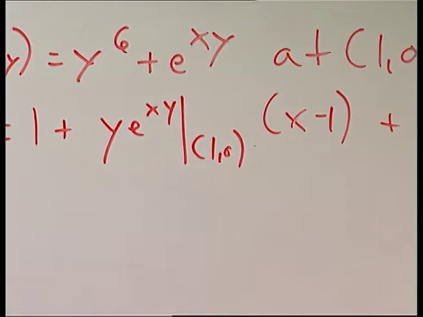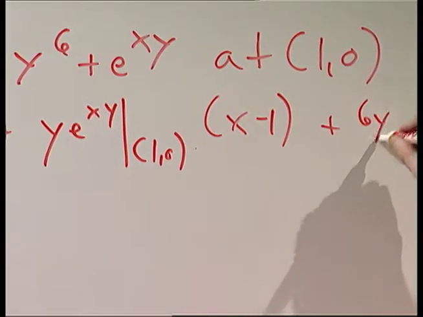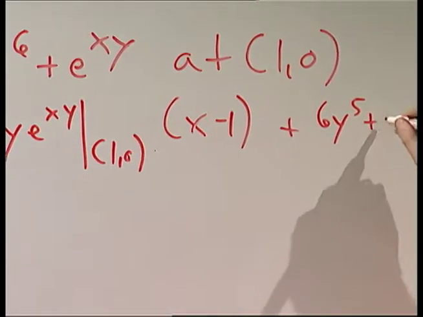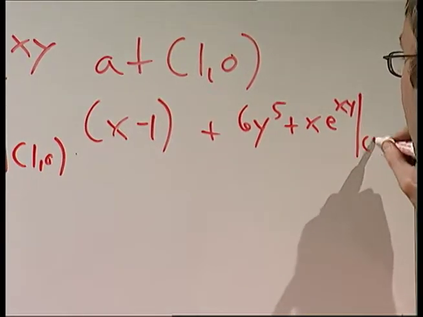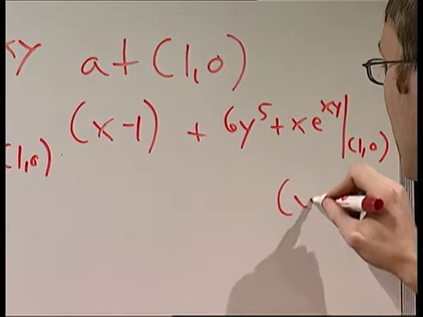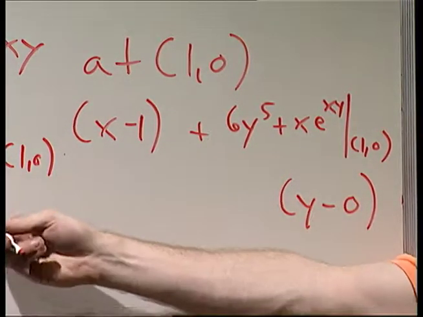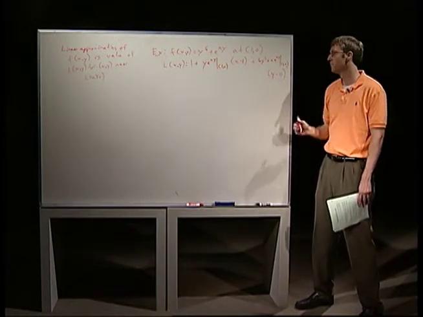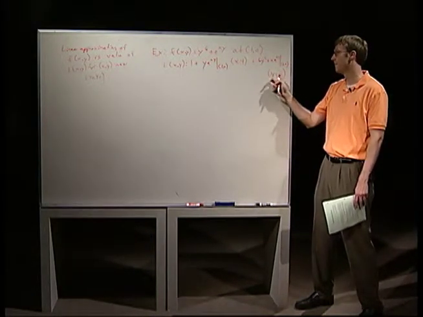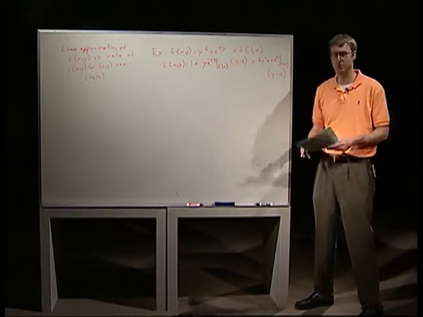Then I need partial f, partial y, which means I need 6y to the 5th plus x e to the xy at 1, 0, times y minus 0. Here is partial f, partial x at 1, 0, and here's partial f, partial y at 1, 0, and then how far we are from 0 in the y direction and from 1 in the x direction.